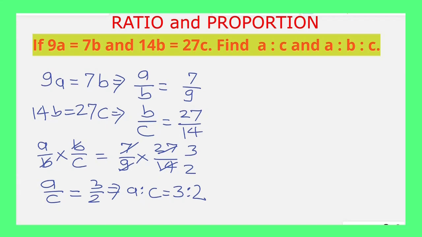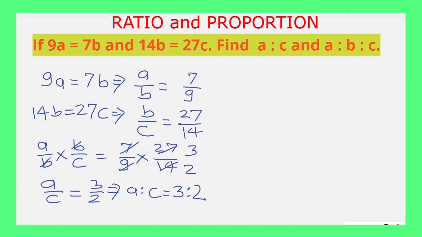Now we solve for a ratio b ratio c. As we already know, a ratio b is 7 upon 9 and b ratio c is 27 upon 14. So if we make value of b same in both the ratios, then we can easily calculate a ratio b ratio c.